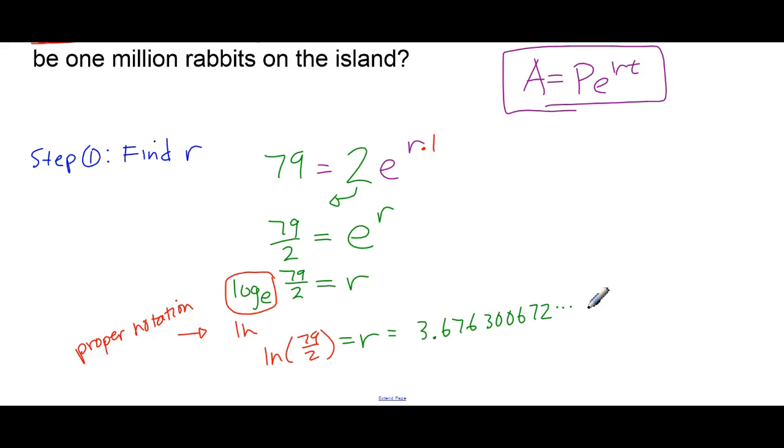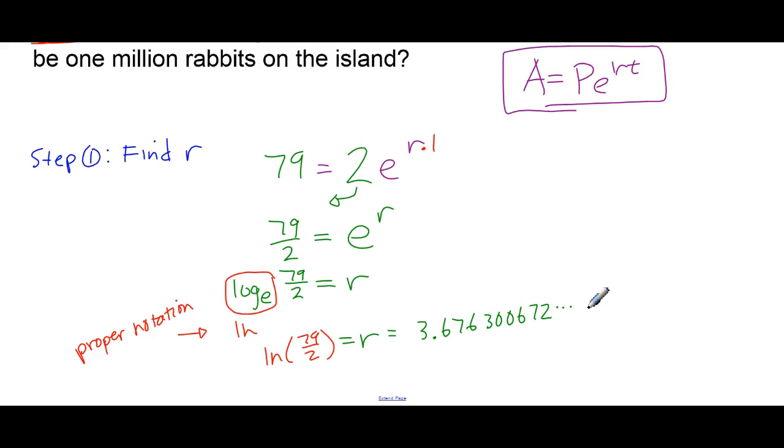As we move forward into the next part of the problem, we have a choice to make. We're going to be using r in this formula again. We're going to take A equals P e to the rt, and this number is going to get plugged in for r. And the choice is, do we want to use the decimal, or do we want to use natural log of 79 over 2? And I know which way I'm going to choose.